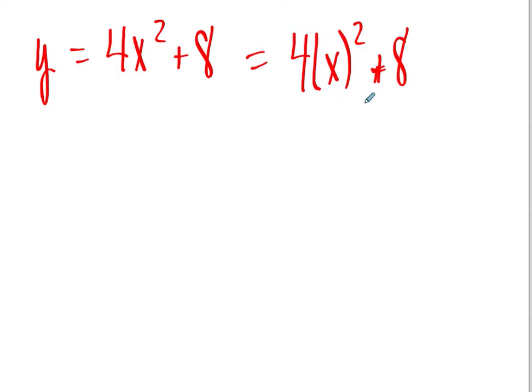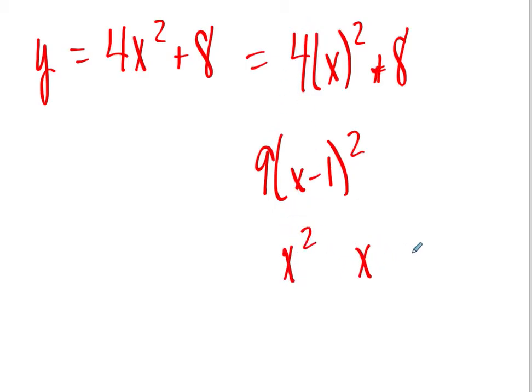This is kind of like in vertex form right here. Why? Because I don't have an x term, do I? I didn't have an x term here unless I multiply it out. If you multiply this out, you'd have an x squared, an x, and a number. Here, you wouldn't have an x, right?